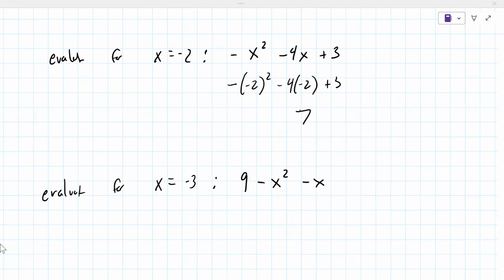Does it equal -3? That is not the correct answer.